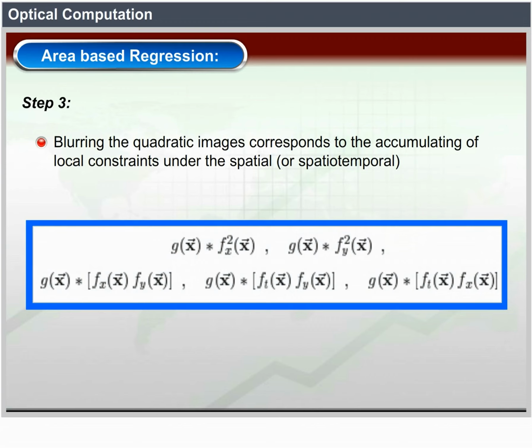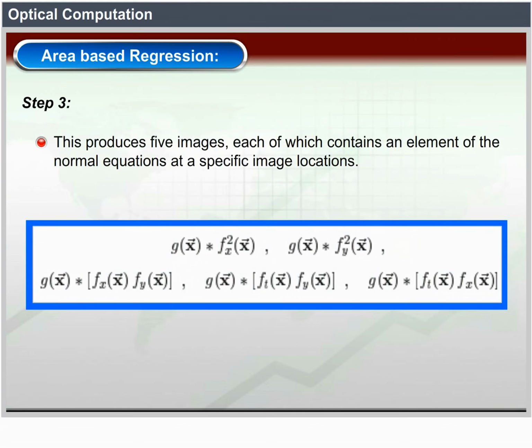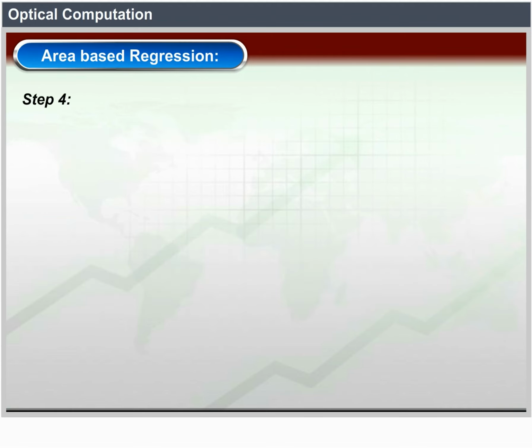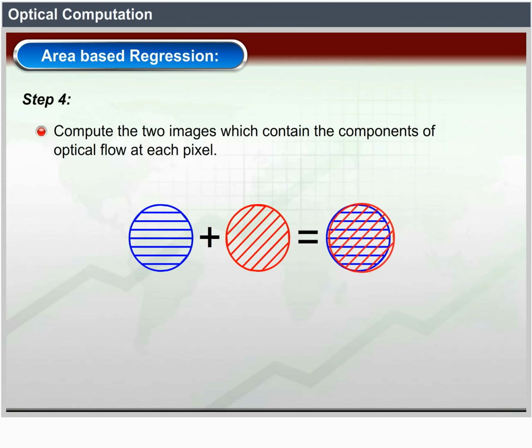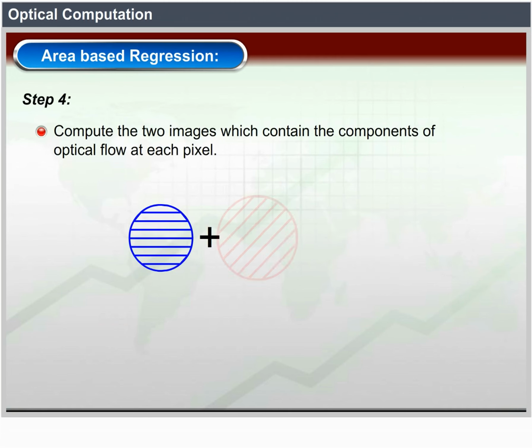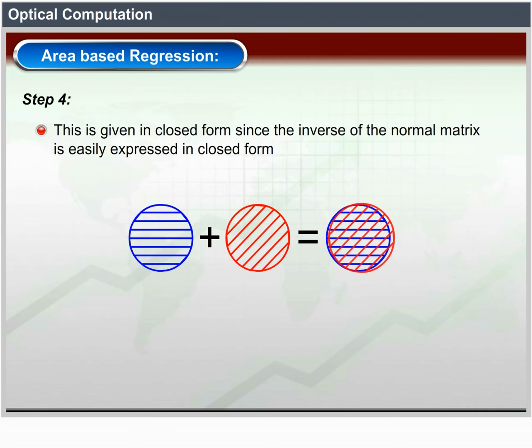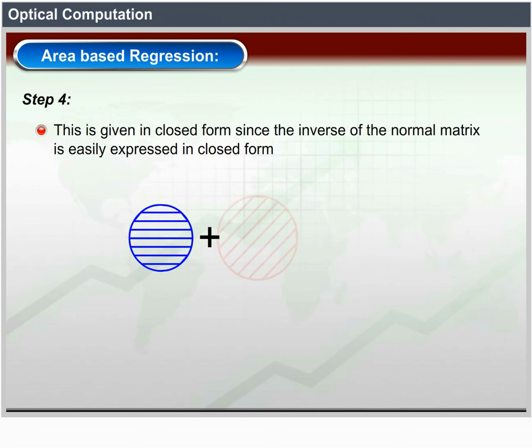This produces 5 images, each of which contains an element of the normal equations at a specific image location. Step 4. Compute the 2 images containing the components of optical flow at each pixel. This is given in closed form since the inverse of the normal matrix is easily expressed in closed form.